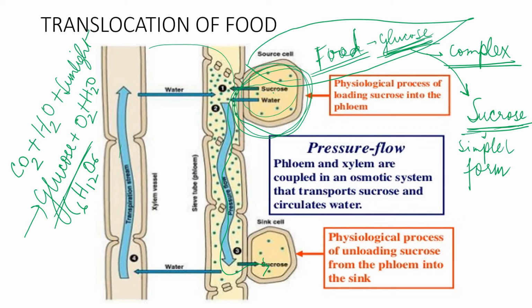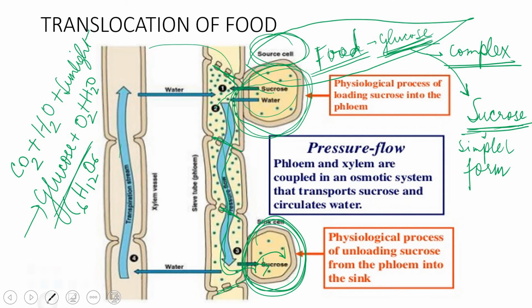Then these are the sieve tubes. Can you see? Sieve tubes, porous like structures. Through this, due to pressure, companion cells will help to unload the food in this area where food is required. Understood? This is the source cell.